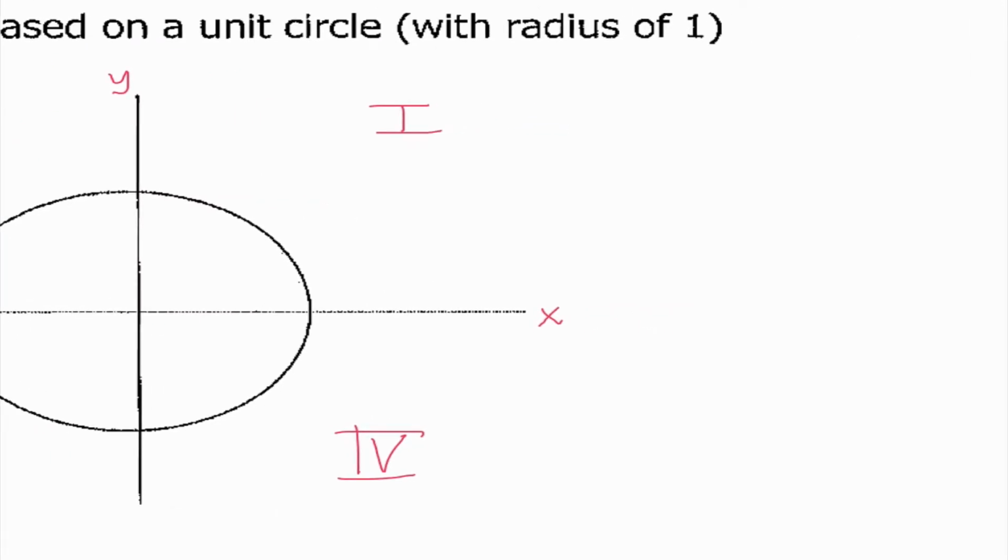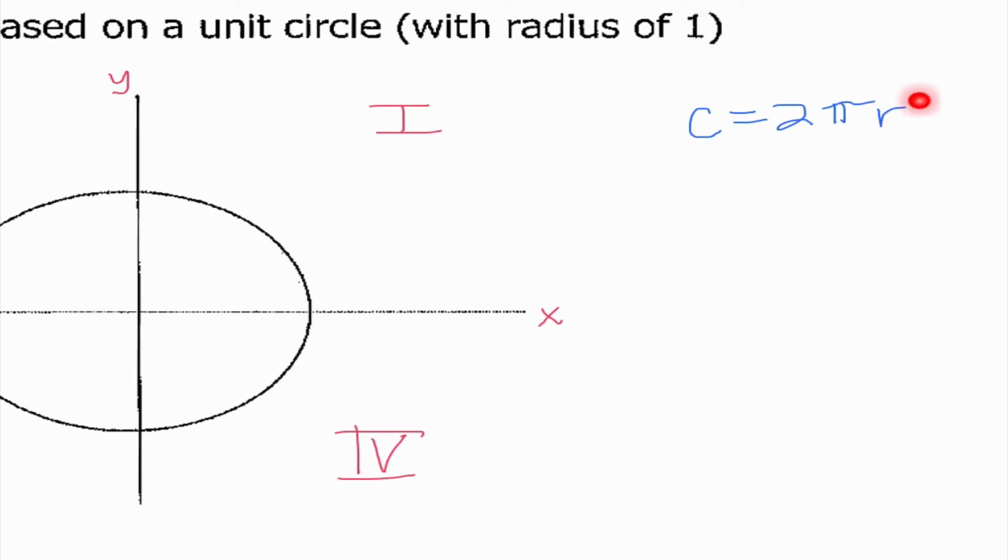So I'm going to start off by going all the way back to geometry, and we're going to say C equals 2 pi r. So that's telling me that the circumference of a circle is equal to 2 pi times r. Well, a unit circle is a specific circle that has a radius of 1.